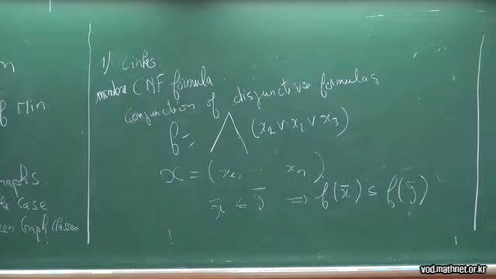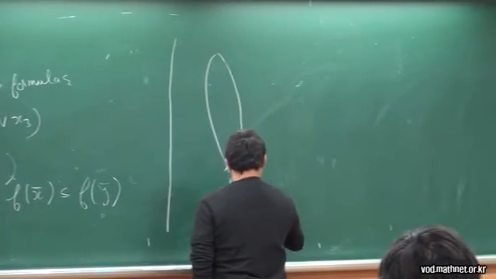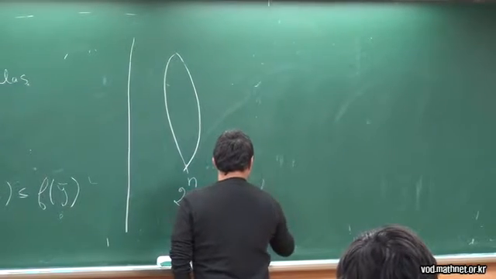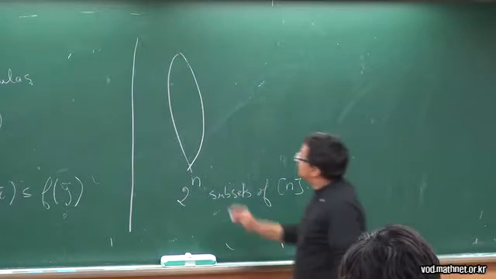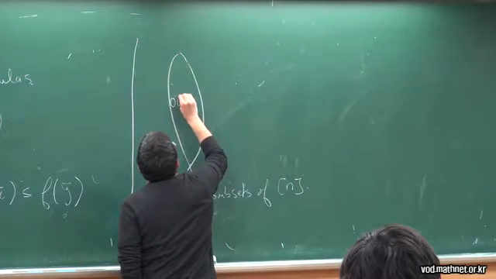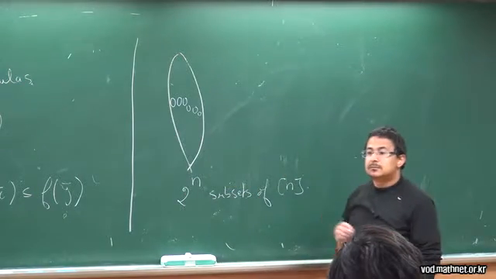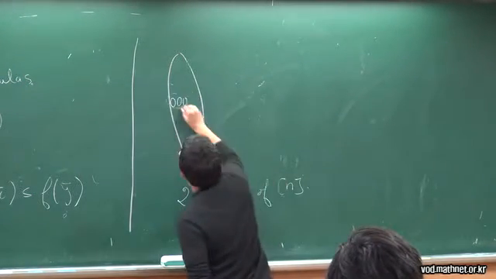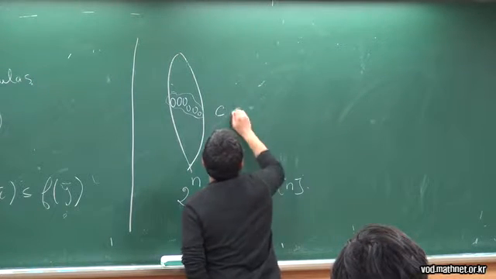Now you want, for instance, the link between them. You have 2^n, the subsets of [n]. Now you give me an anti-chain C, a subset, an anti-chain.